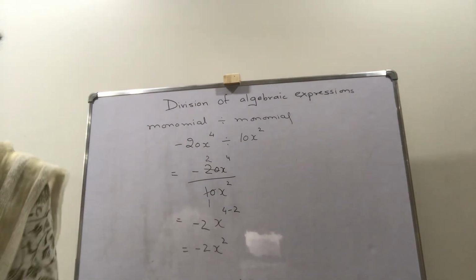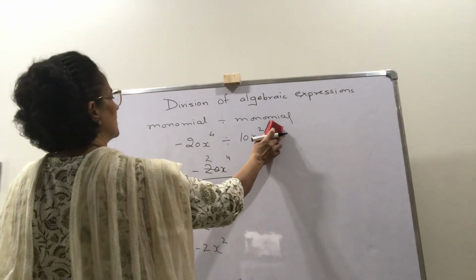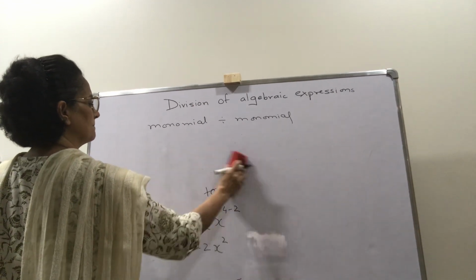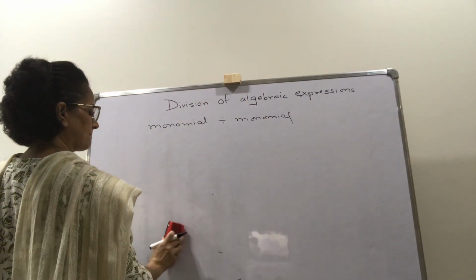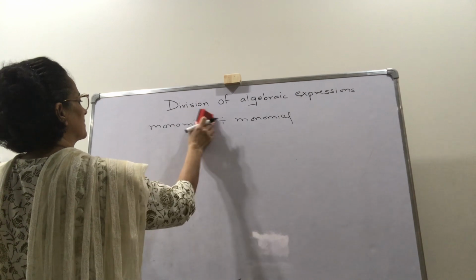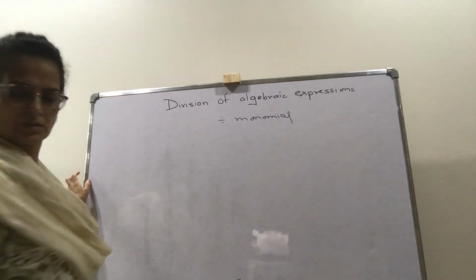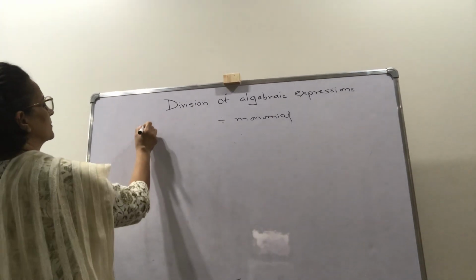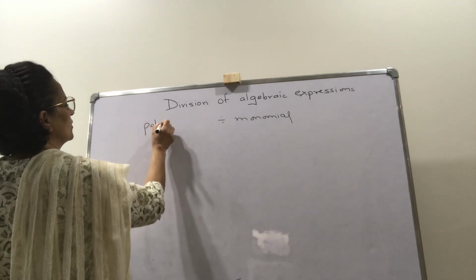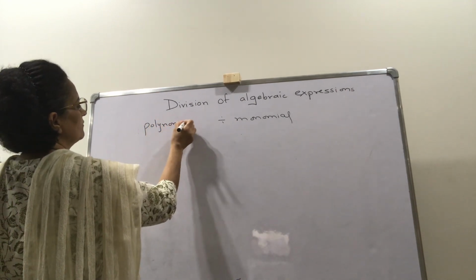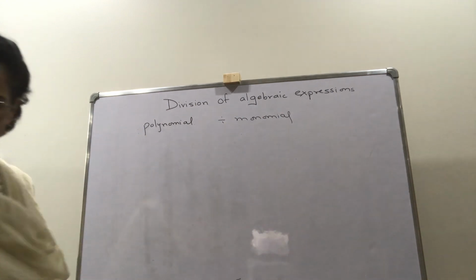Now I am taking a polynomial divided by a monomial, for any polynomial when it is divided by a monomial.